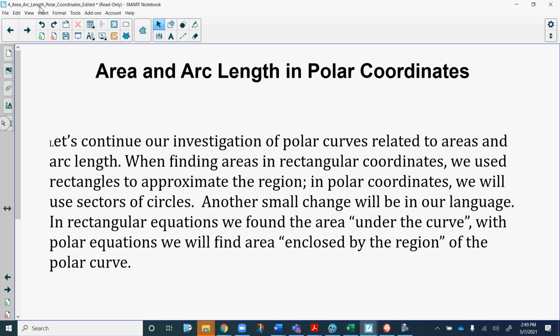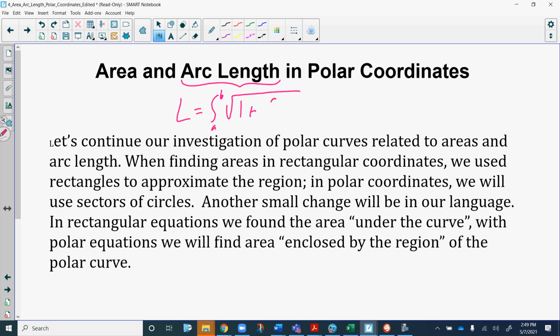We've seen arc length previously in BC calculus, where in rectangular form, the length of the arc was equal to the definite integral from a to b of the square root of 1 plus the derivative f prime of x, squared. So we've seen how to find the length of an arc, at least in rectangular form, and now we're going to do something similar in polar form.